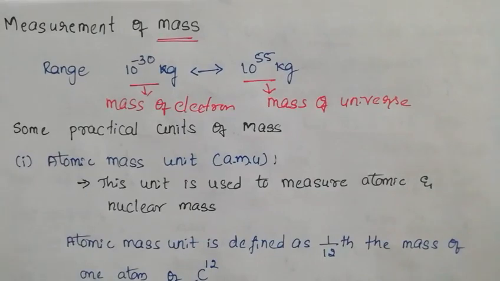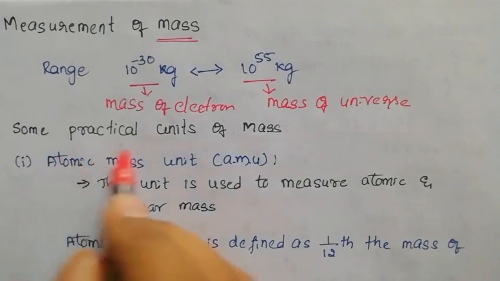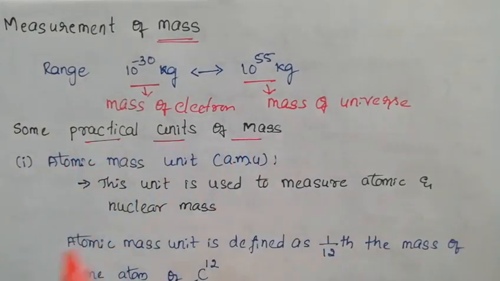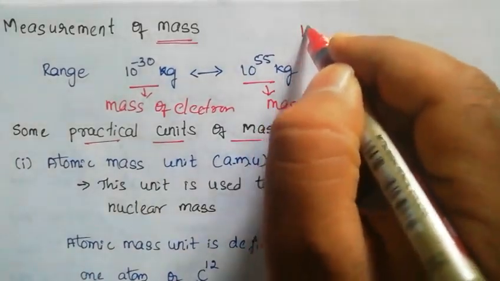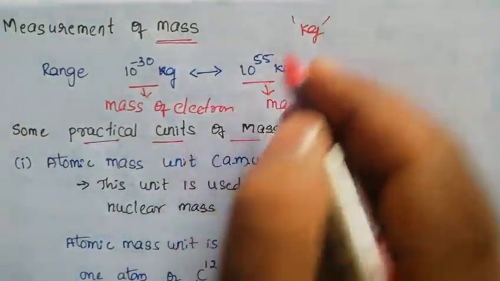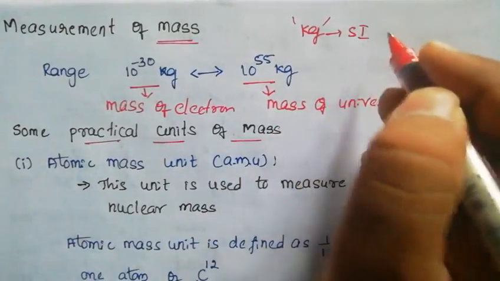Some of you ask me, sir, the universe is expanding, then how can we say this? So what we see, till where we see, that much we got is 10 power 55 kg as of now. Some other practical units are used in the measurement of mass. Normally we use kg, that is the SI system.